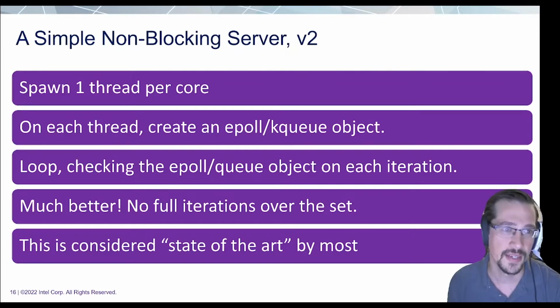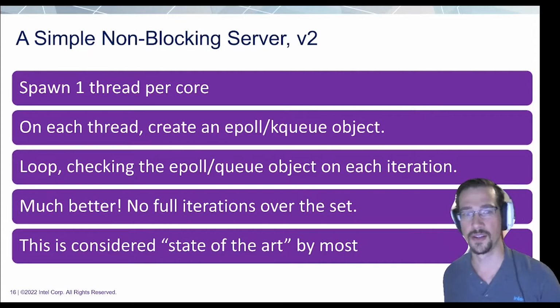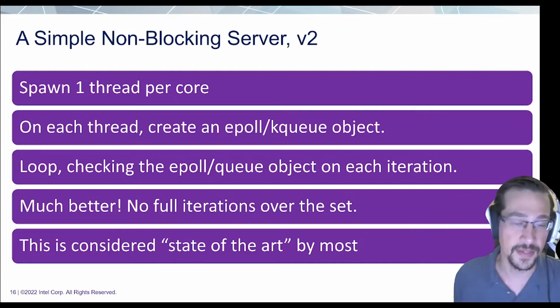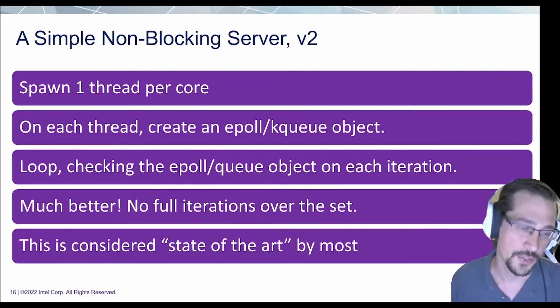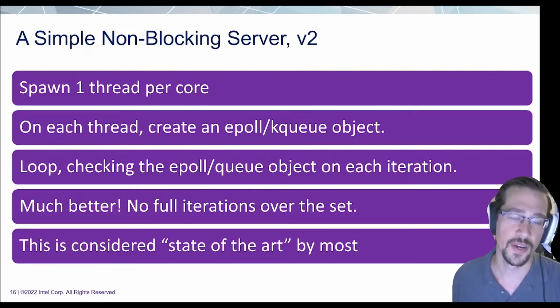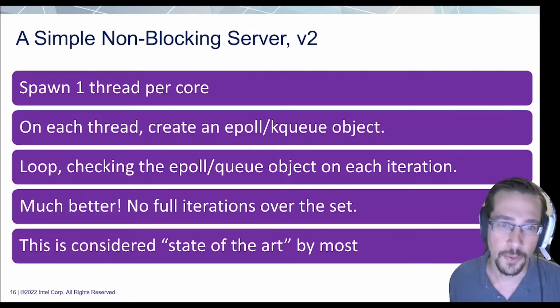So if we revise our non-blocking server to also do this efficient grouping, we similarly spawn one thread per core, just like before. And on each thread, we're going to distribute the connections. But instead of holding them in a linked list or an array, we're going to put them into an epoll group or a kqueue using the kernel APIs.